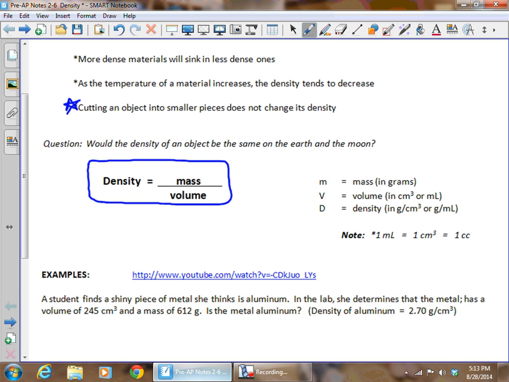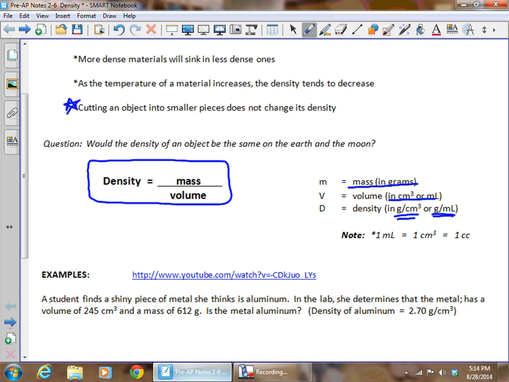Mass is in grams, as it says over here. Volume can be in either cubic centimeters or milliliters commonly. Now, when we deal with gases later, we'll often see that in grams per liter, but not now. Right now, it's going to be in cubic centimeters or in milliliters. So, density then, is grams per cubic centimeter or grams per milliliter.